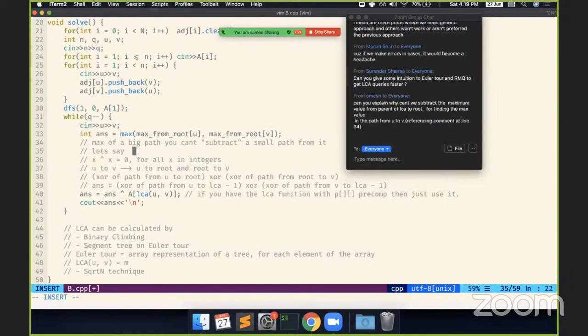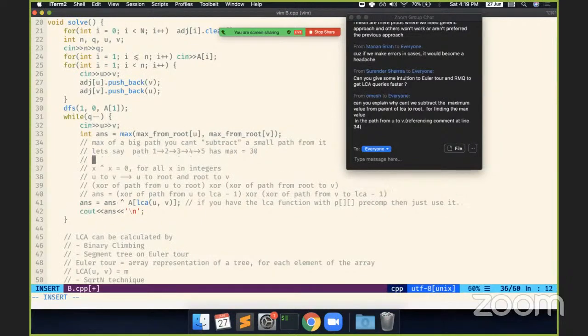Let's say path 1, 2, 3, 4, 5 has max equal 30, and let's say path 3, 2, 1 has max equal... no, max equal again 30.